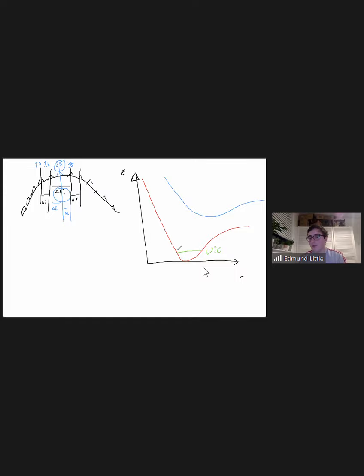If you're at 0 Kelvin, this is the only vibrational state that would have any population at all, and you would get transitions directly from the ground vibrational state to the excited electronic state. But because you are not at 0 Kelvin, you also have thermal population of the first excited vibrational state, the second and the third, and so on.